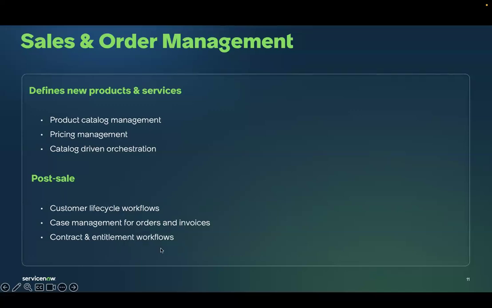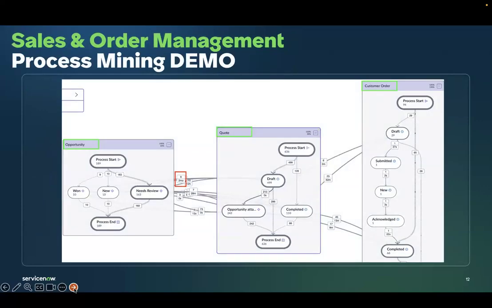This is just a glimpse of what the product includes in terms of capabilities, and we highly recommend you go to the sales order management community site and explore the product in full depth from there. Today we are just trying to give you a few basics to get started.